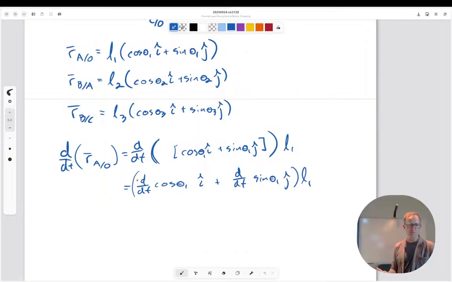So do we need the chain rule? I think chain rule is only for multiplication. So no chain rule?